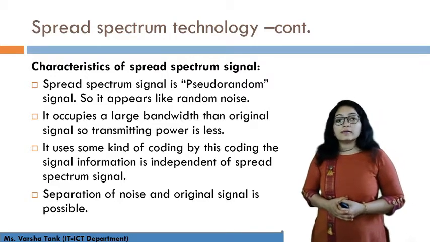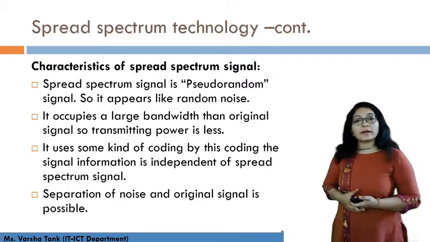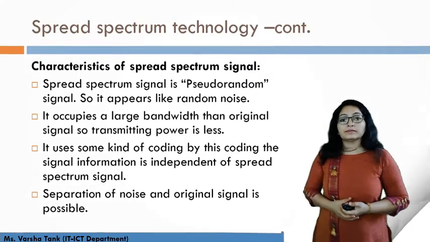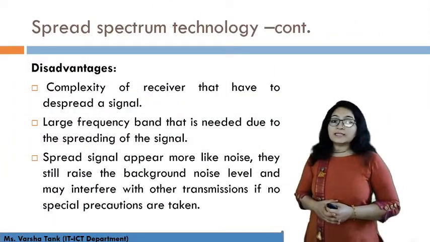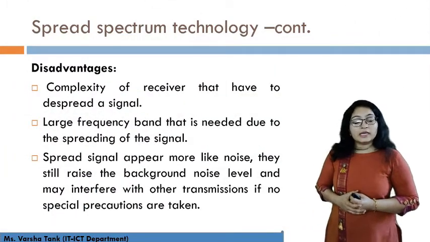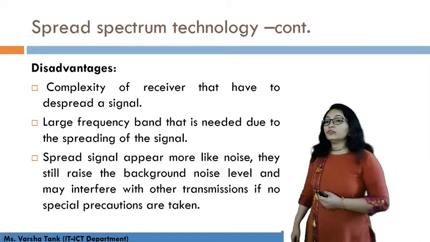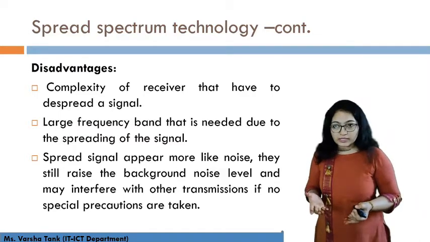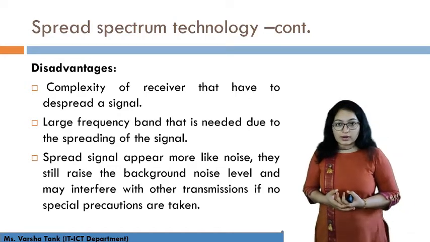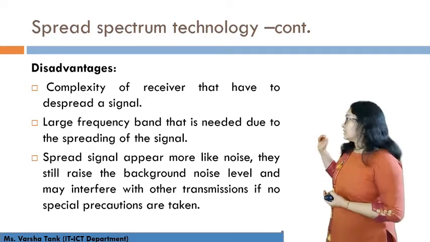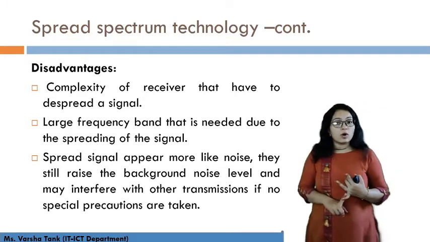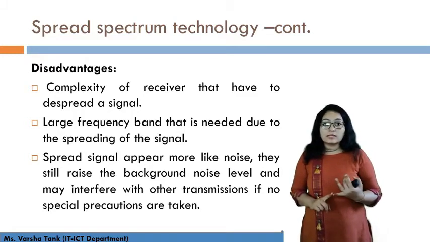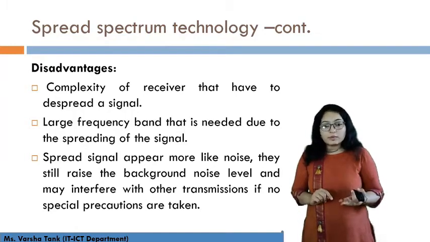Now, do you understand the characteristics of spread spectrum signals? Let's see the disadvantages. Each and every technology that has advantages also has disadvantages. The first disadvantage is the complexity of the receiver, which has to despread the signal.